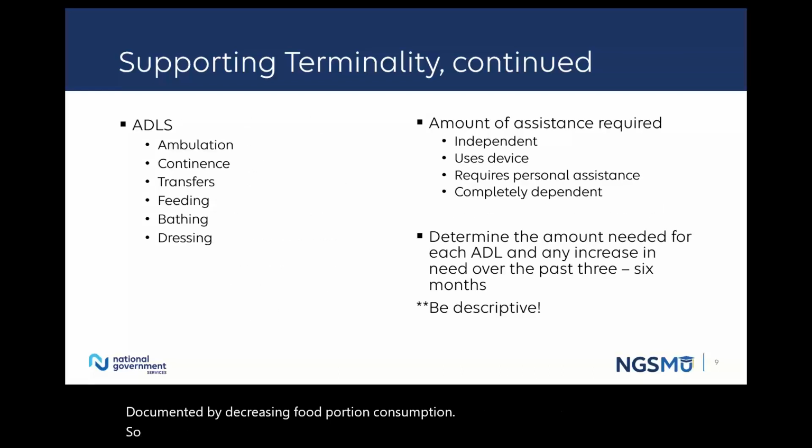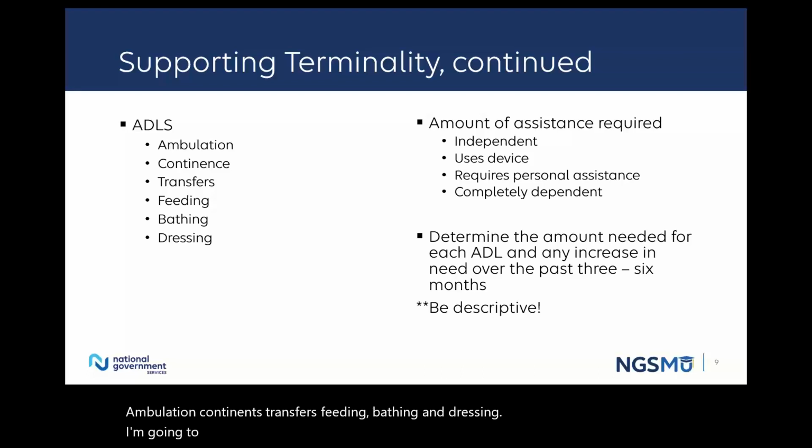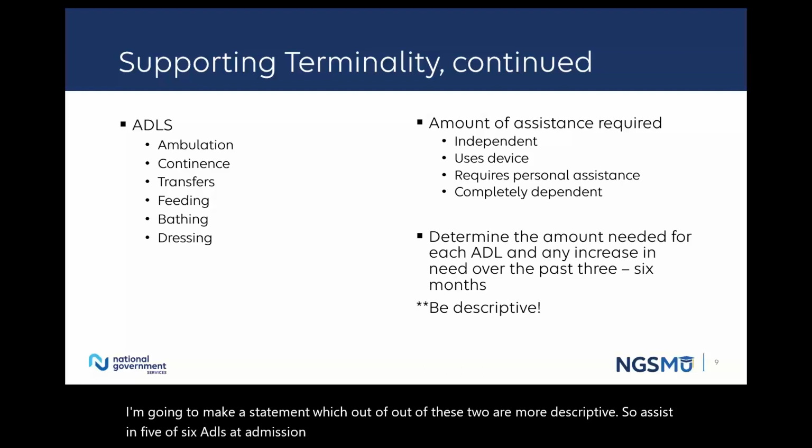So let's talk about ADLs. ADL deficits are the most important predictor of 6-month mortality. Ambulation, continence, transfers, feeding, bathing, and dressing. So I'm going to make a statement. Which out of these two are more descriptive? Assist in 5 of 6 ADLs at admission and at recertification.